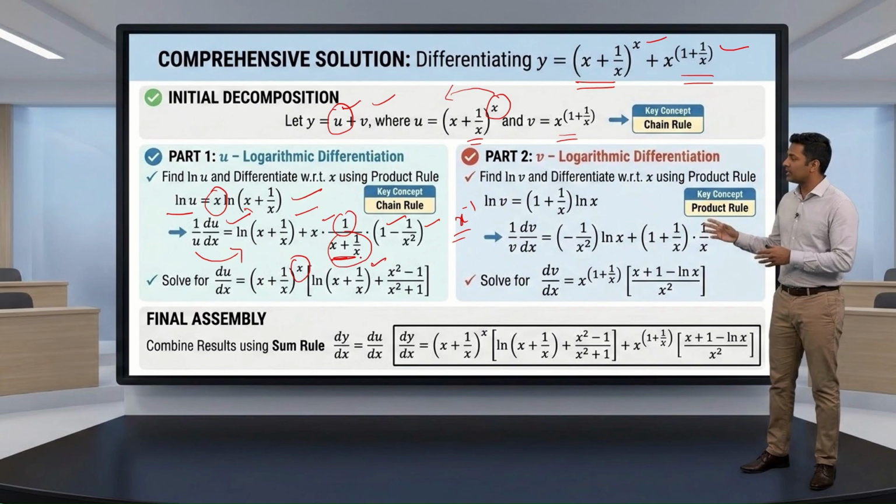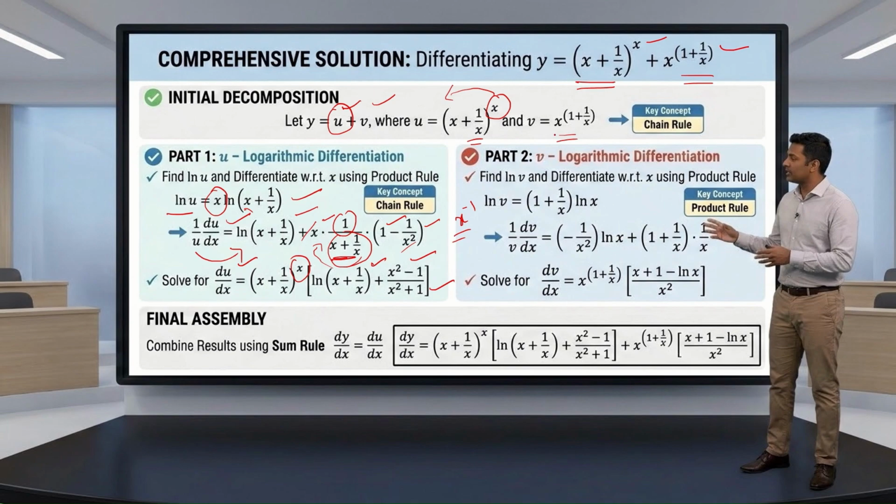Now if you simplify, take x square as the LCM, x square plus 1, then this x goes to the numerator, x square by x square plus 1, then here taking the LCM gives x square minus 1. This x square gets cancelled, and x square minus 1 by x square plus 1 remains in the second term. Okay? This is du by dx.